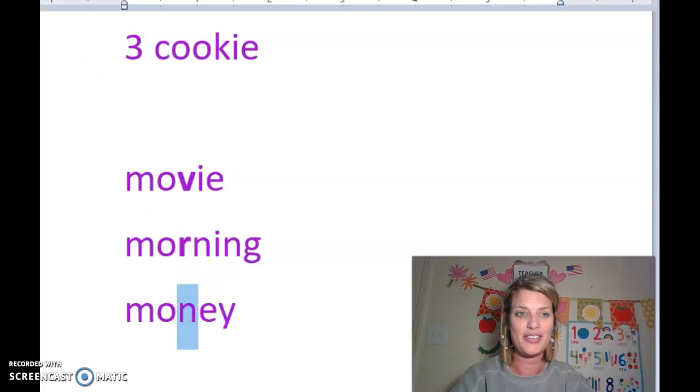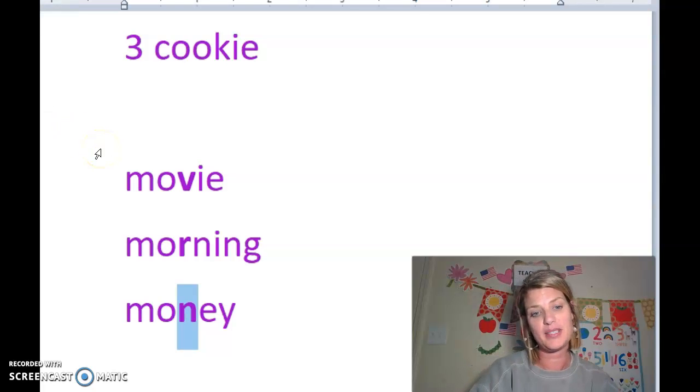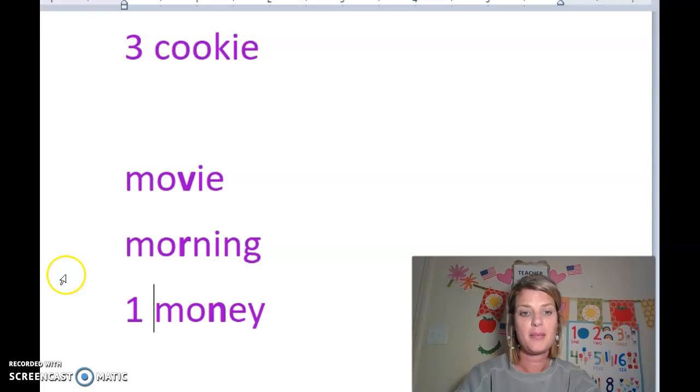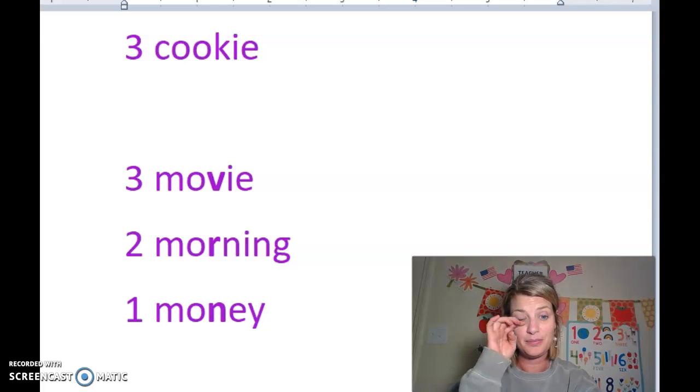So our third letter there, they are all different, so now we can decide which one comes first in ABC order. So using our alphabet, we know that money would come first, morning would be our second word in ABC order, and our last word would be movie.